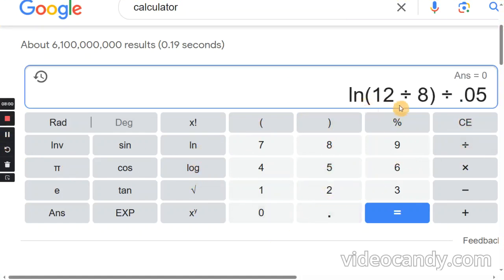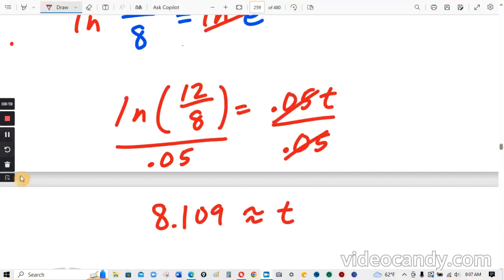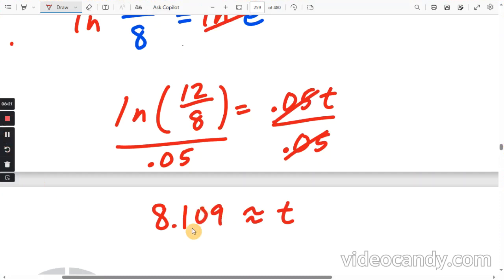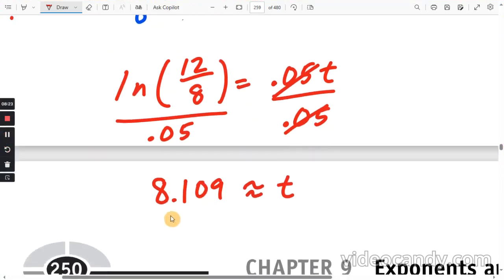Okay, so this is the numerator, this is my denominator. Click equals. And let's see, I don't think we need 4 decimal places. I'm just going to use 3 for now. So the fourth decimal is a 3. That means I round it down, 8.109. All right, so t rounded off is 8.109, and that is in years.